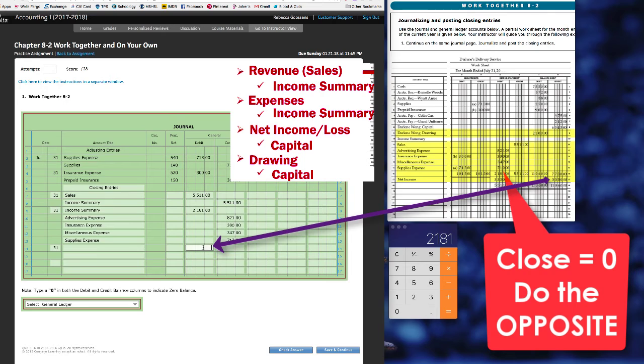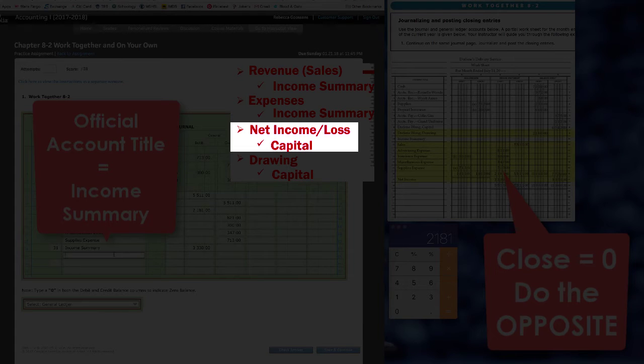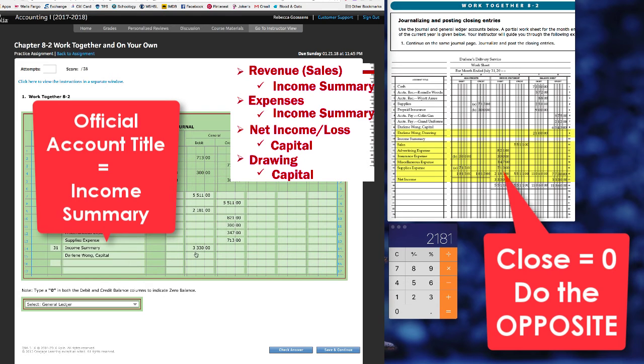So I'm going to take that amount, 3,330, and debit it. Remember, there's no such account title as net income. The account title for net income is actually income summary. I previously lumped it into capital on the balance sheet, so I'm going to put this in Darlene Wong, capital.